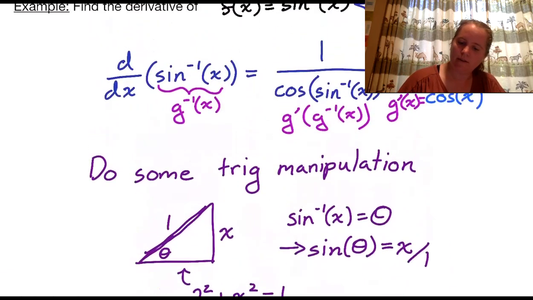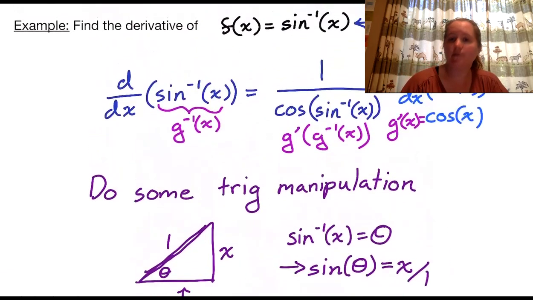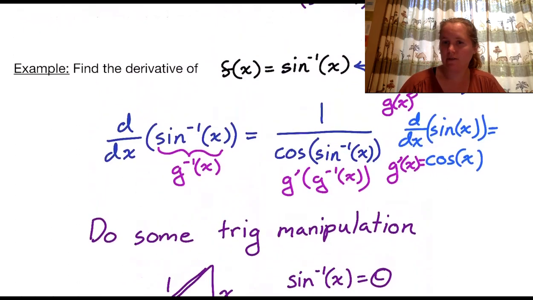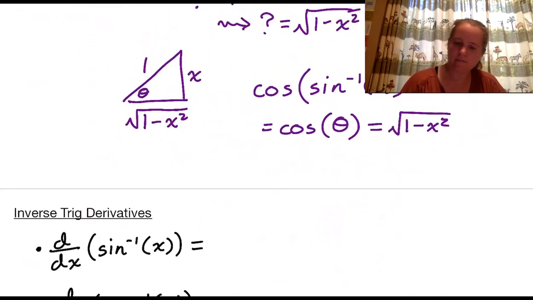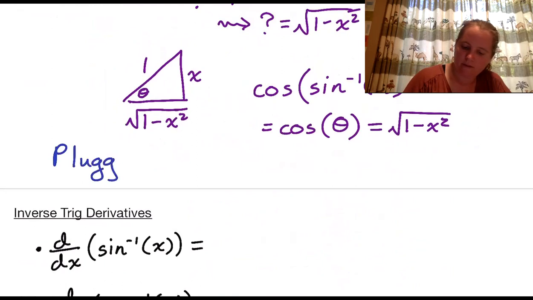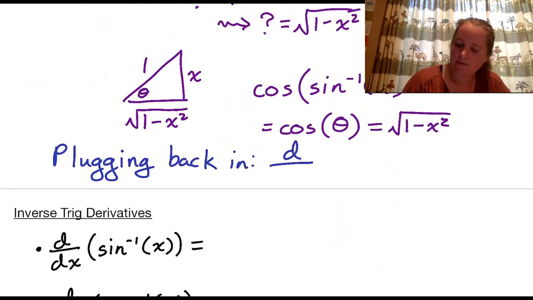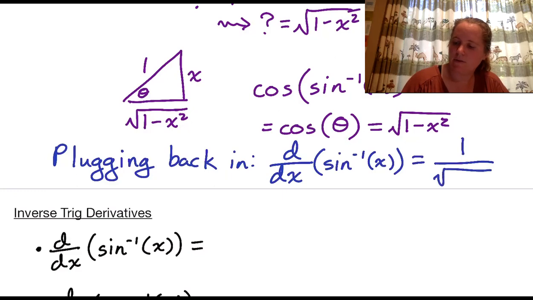So again, if we look at our original, the derivative of sine inverse was 1 over cosine of sine inverse. So plugging back in, we get that the derivative of sine inverse of x is 1 over the square root of 1 minus x squared.